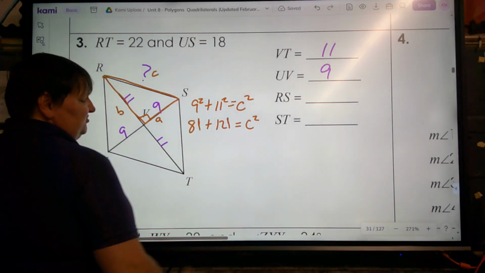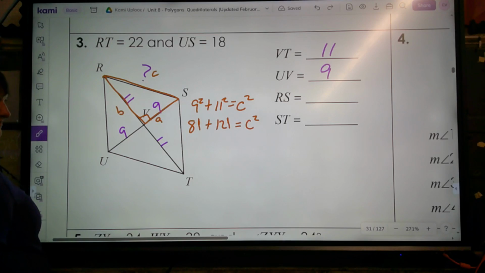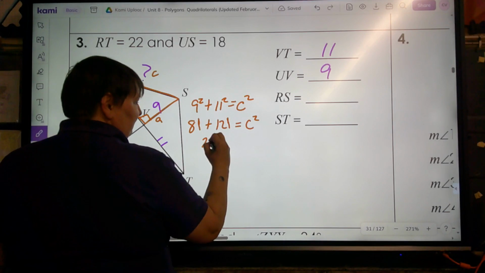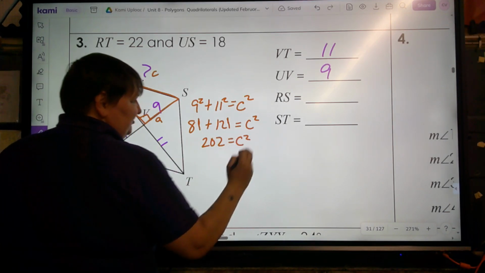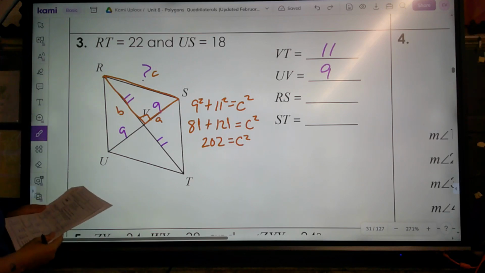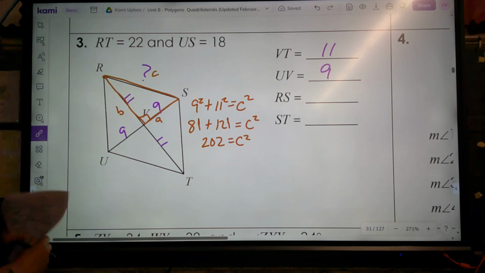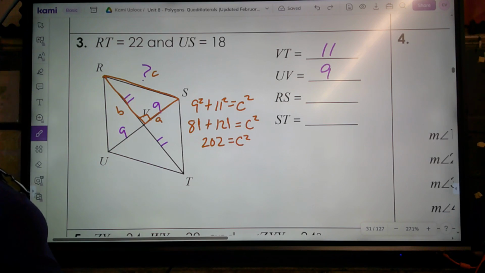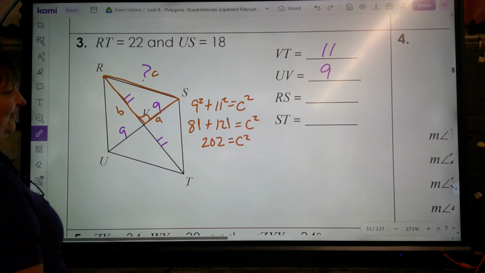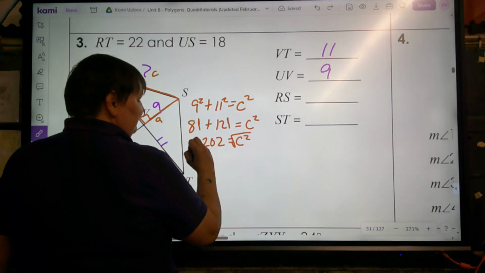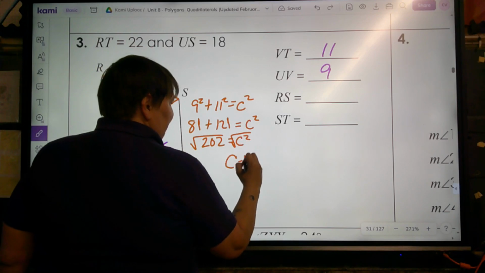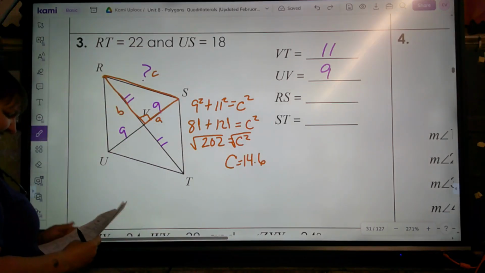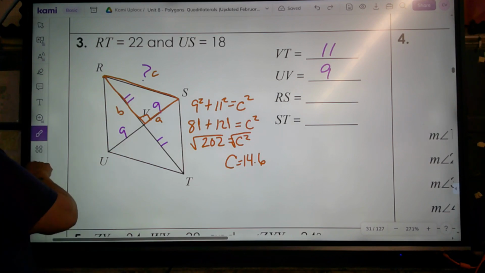What's 81 and 121? 202, right? It is. All right, and then the square root of 202 is 14.6, I think. 14.2.